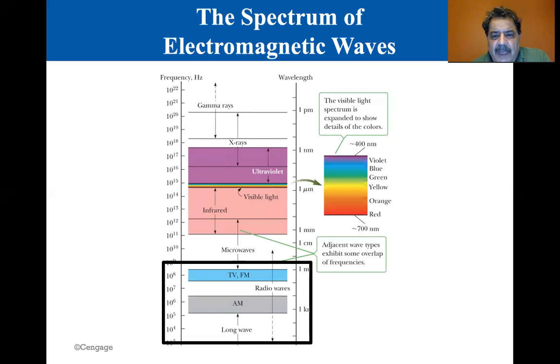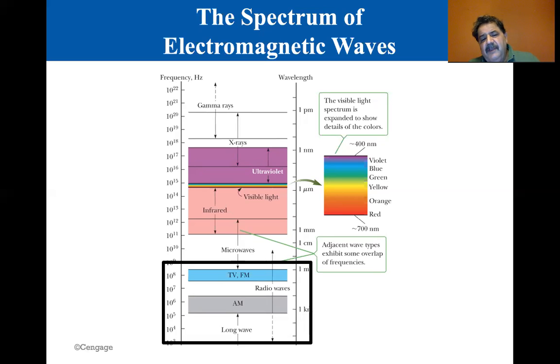Okay, so here we have TV and AM. You know, WOEI is 1200 kilohertz, that's 1.2 megahertz. But AM radio is in the kilohertz range.